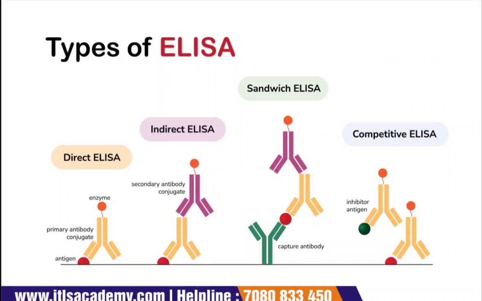constraints. Again, I am repeating that in competitive ELISA, the sample antigen and the labeled antigen compete for binding to a limited amount of antibody, and this format is useful for detecting small molecules and toxins where two antibodies cannot bind simultaneously due to size constraints.